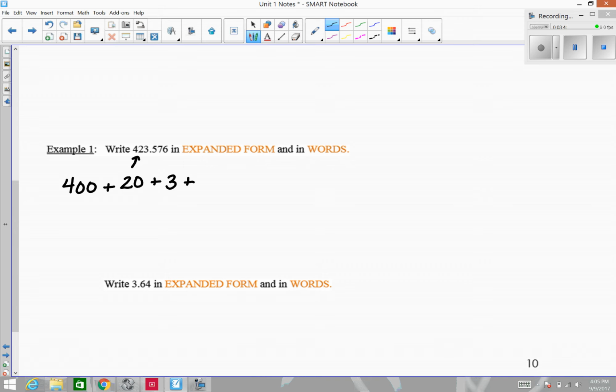I have 5 in the tenths place, so I have 5 tenths and then 7 hundredths added to 6 thousandths. And this is how we would write this in expanded form.